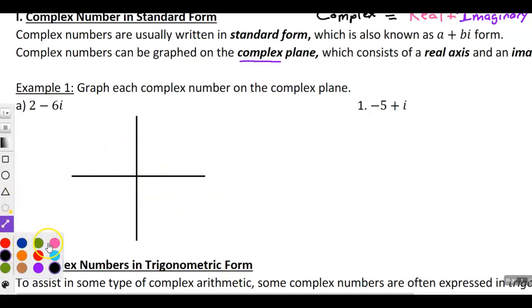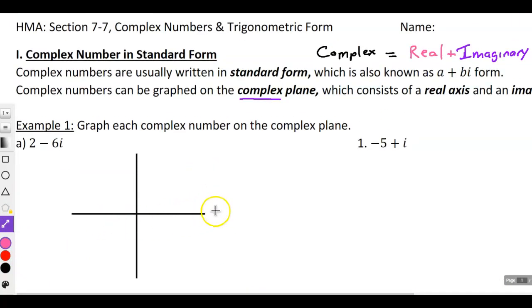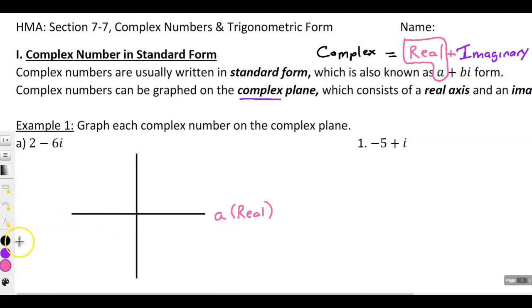However, the axes are not x and y. What we're going to graph on the horizontal is the a value, which, notice, we don't call x, but we call a, which stands for the real number. So that's right here. And then on the vertical axis, we're going to graph the b value, which is the imaginary.